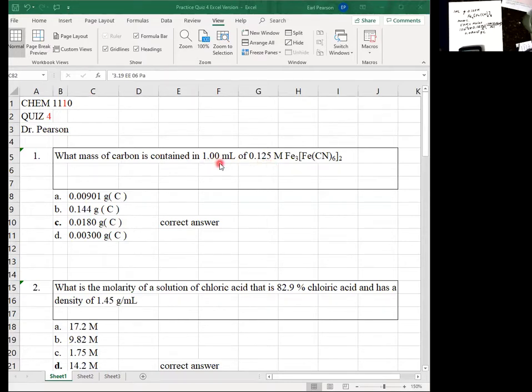So we need to analyze the problem and then get the relationships we need. Volume in liters times molarity in moles per liter is going to give me moles of the compound. And then I have to convert from moles of the compound to grams of carbon to solve that problem. So that's going to work pretty good.